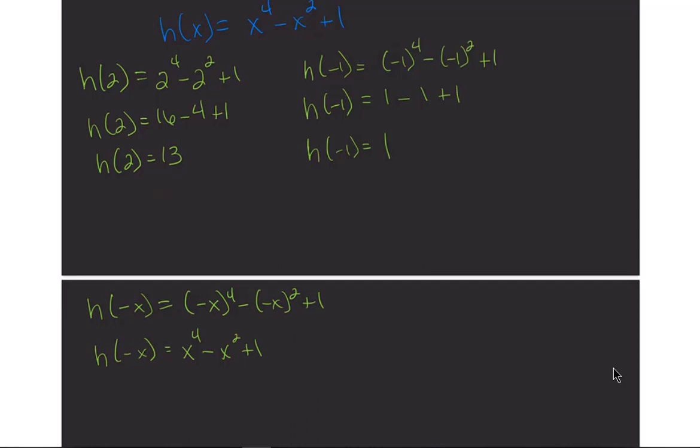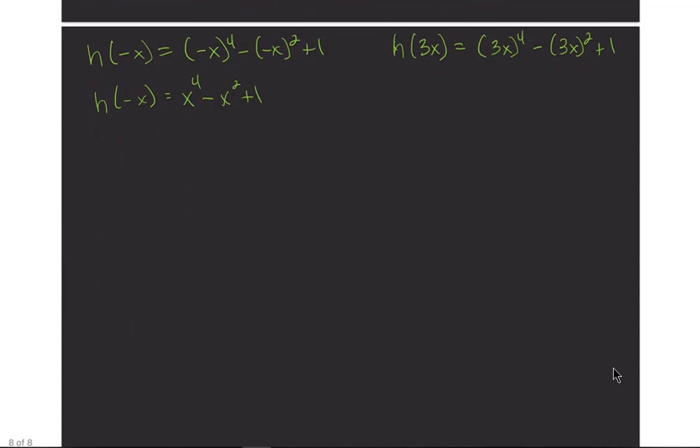And I could get really fancy. What if we had h of 3x? So I'm just going to put 3x in every place there was an x. So now I'm going to have (3x) to the 4th minus (3x) squared plus 1. And now we got a couple little properties that we got to use from our last chapter, because we got it to the 4th power.